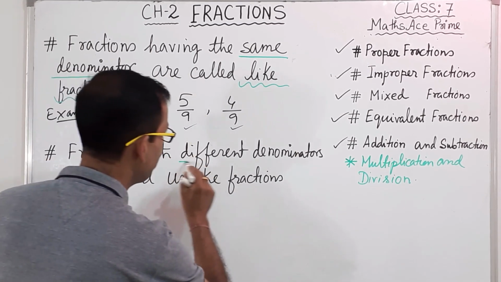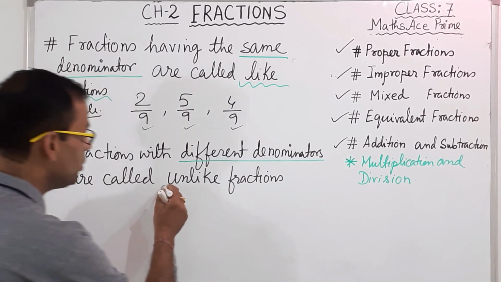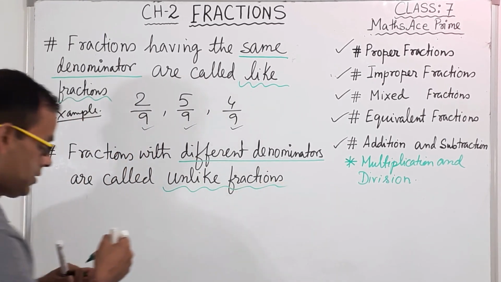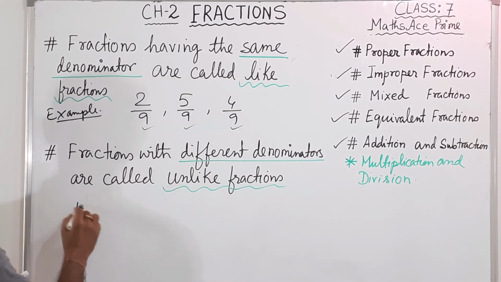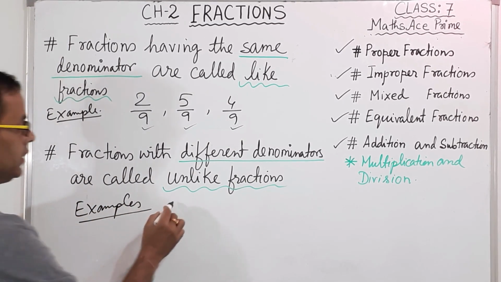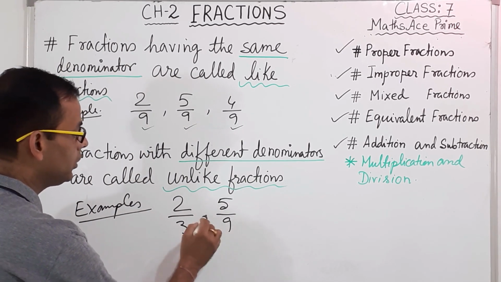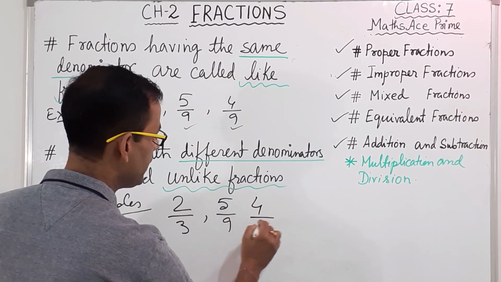Then after that, fractions with different denominators. Now it is telling different denominators, and they are known as unlike fractions. Suppose if I give examples, then it will be much more clear: 2 by 3, 5 by 9, 4 by 7.